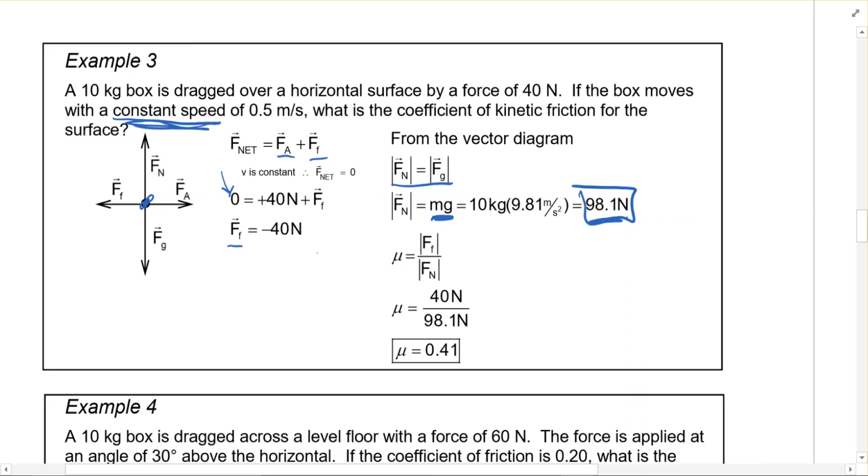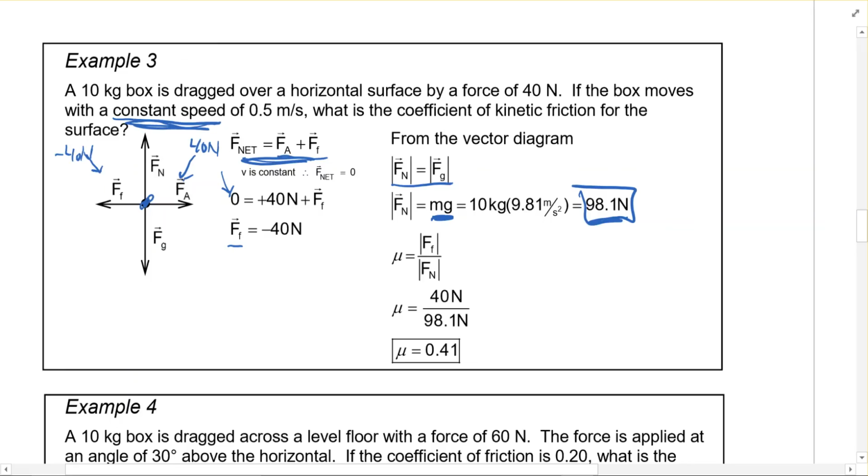So force of friction is going to be equal to negative 40 newtons. The other way of thinking about that is that you could just say, okay, well, Fa was equal to 40 newtons. Well, if that's equal to 40 newtons, and I know that these are balanced, then I know this is going to be negative 40 newtons. So this formula was just a different way of saying the same thing. So however you want to get there.